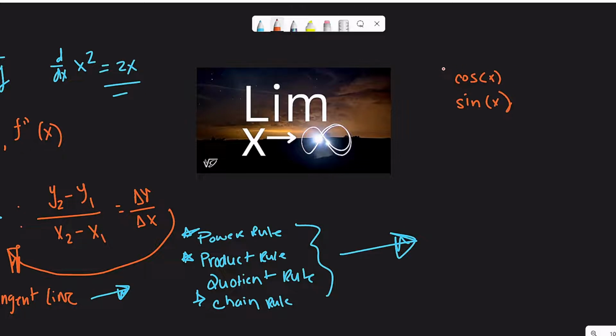And so the derivative with respect to x of these two functions is, so the derivative of cosine of x is negative sine of x. And it's pretty cool why this is, and you can also find the derivative of sine of x, which is going to be cosine of x.